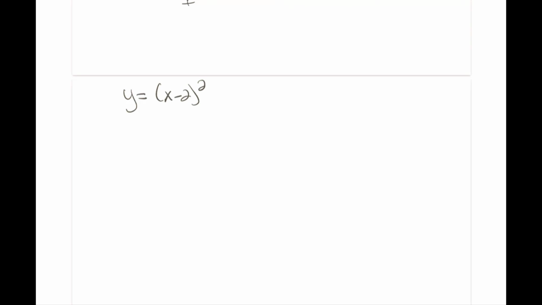Now that we're in the advanced Algebra 2 class, we're going to get a little bit more fancy when it comes to our notation. We're going to use what we're going to call function notation. It's just a nice little fancy word.